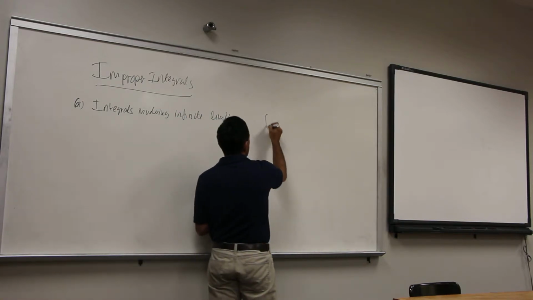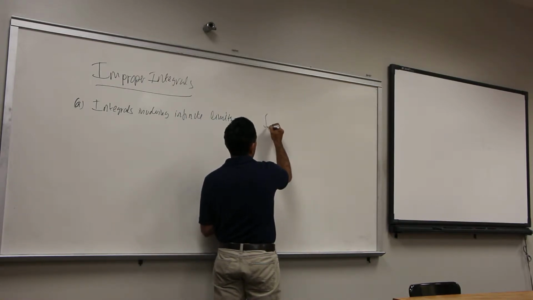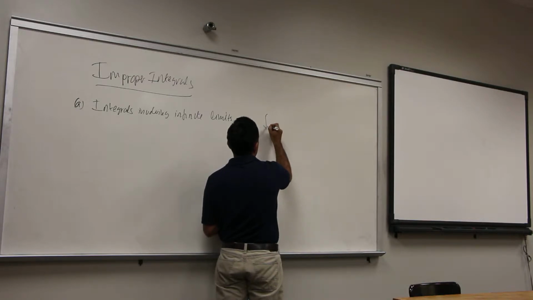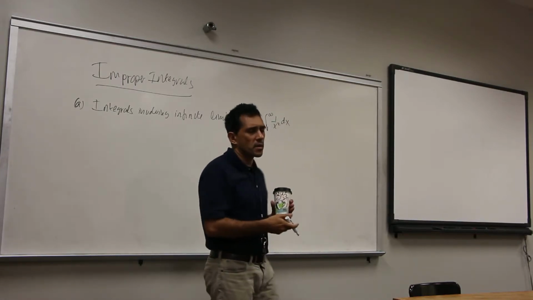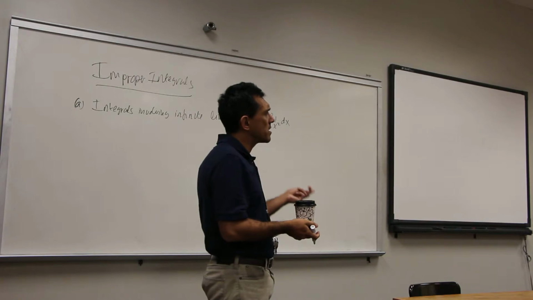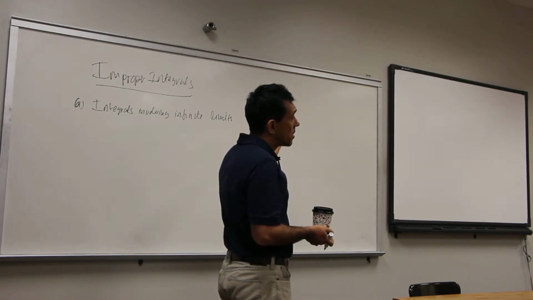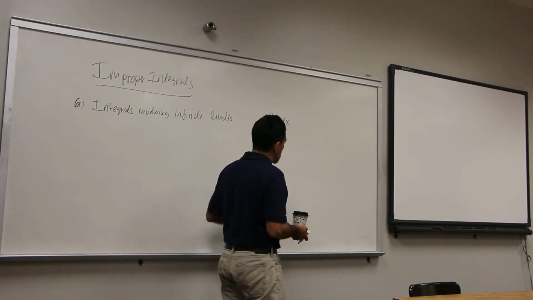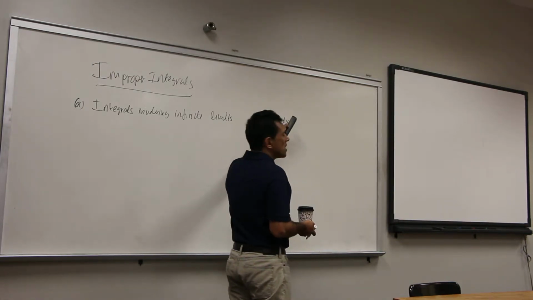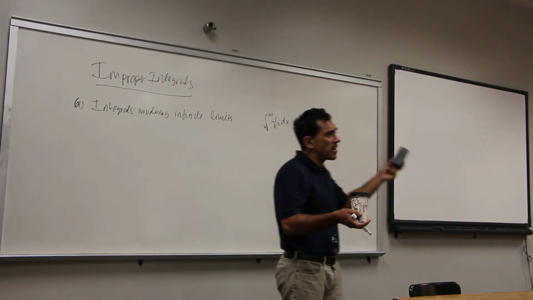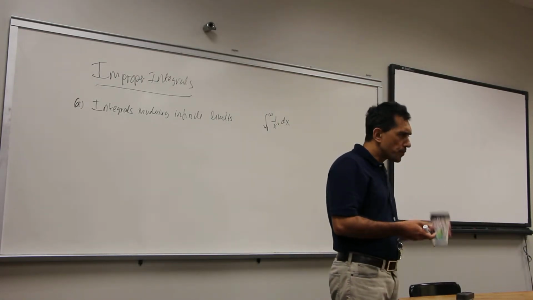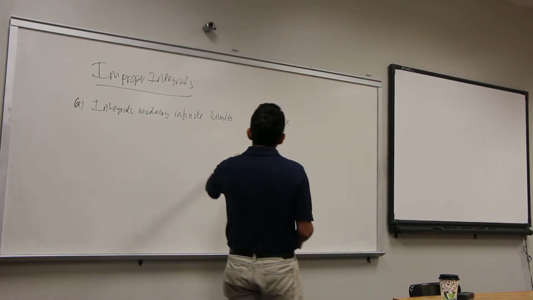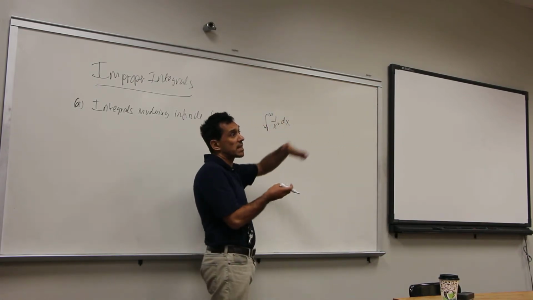Something like this. And the integrand is well defined over the interval you are integrating, from 1 to infinity. That is to say, 1 over x squared is well defined for any value of x between 1 and infinity. So the impropriety comes from integrating up to infinity.